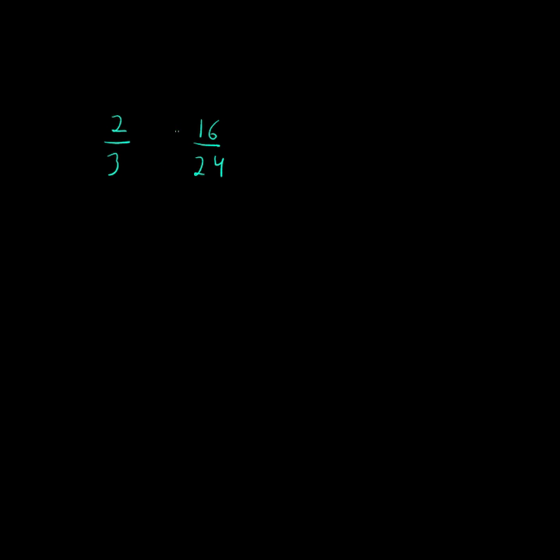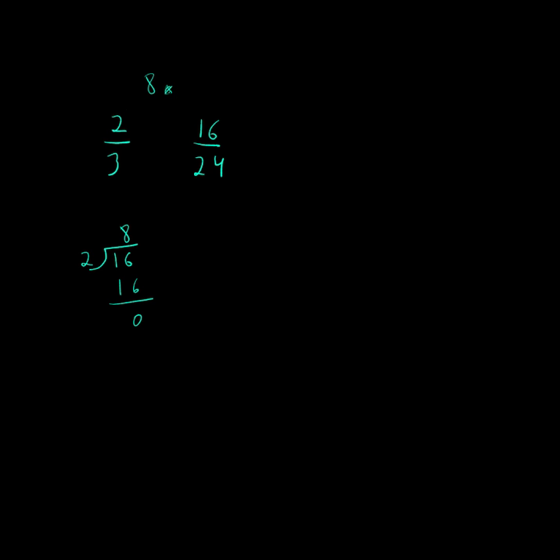So all we really need to do is ask ourselves, what do we need to multiply 2 by to get 16? Now obviously there's a way we can find this every time without fail, and that's just going through a division problem. And we would see that we would get just 8. So 2 times 8 equals 16.